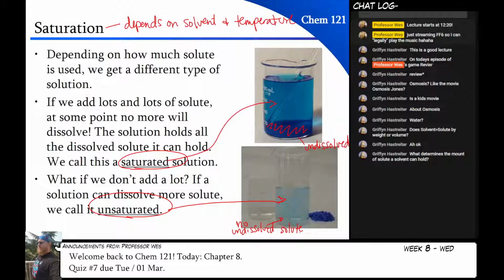The top solution is much more intensely blue, and that checks out because the more stuff that dissolves, the more you would see it in the aqueous phase if it had a color. Some solutes are colorless, like table salt when dissolved, so you don't see any impact on the solution. But this copper sulfate that we're mixing here is very deep blue.